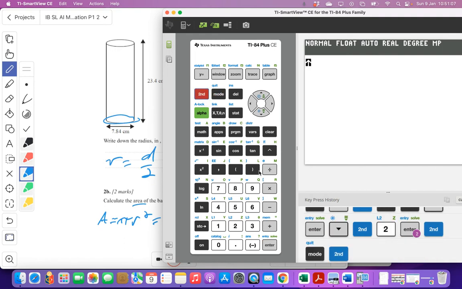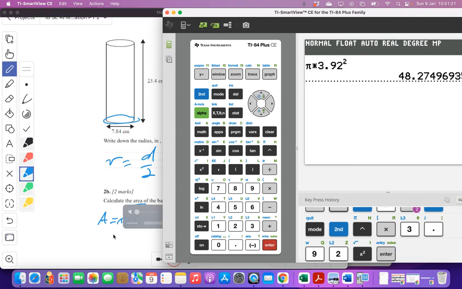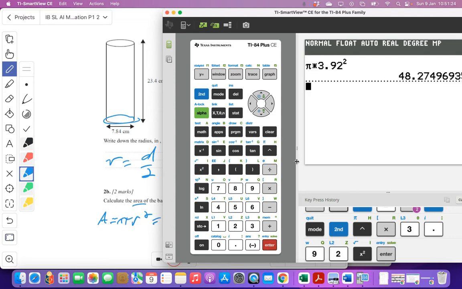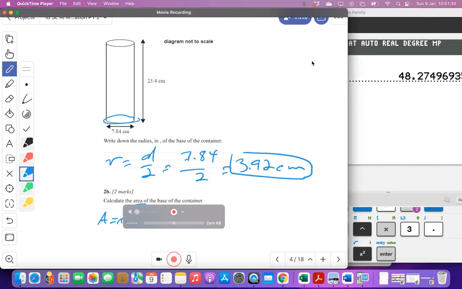So pi times r squared, which is 3.92 squared. Then we get our area is 48.3, rounded to 3 significant figures, square centimeters.